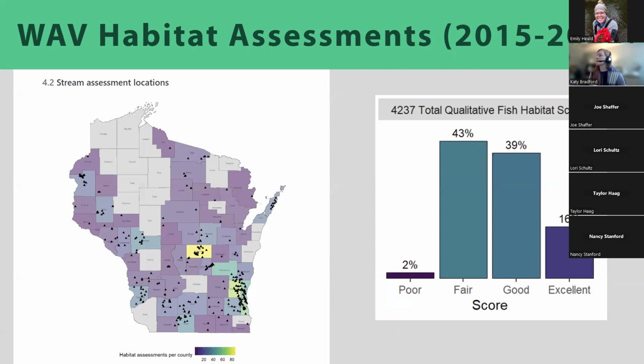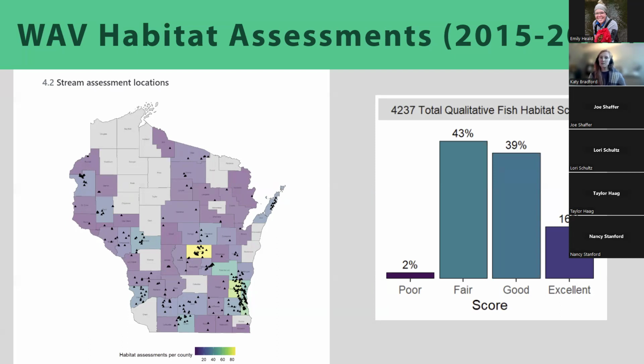On the right is a simple chart showing final ratings of stream habitat completed by WAVE volunteers. As you can see, a lot of the streams that volunteers are assessing are rated as fair or good. Just a small handful are rated as poor and a handful as excellent. This does not mean that this is the quality of stream habitat in our state.